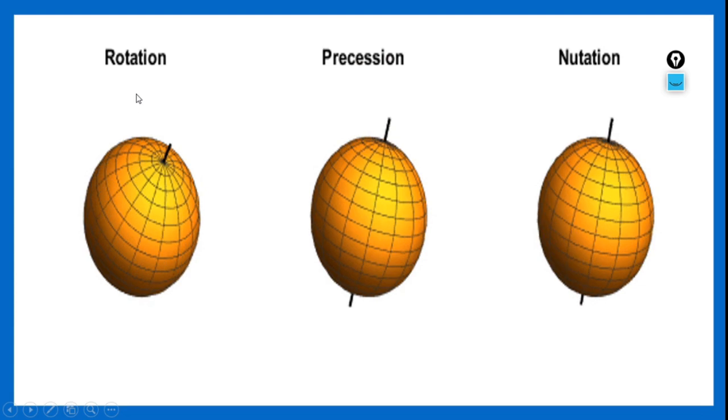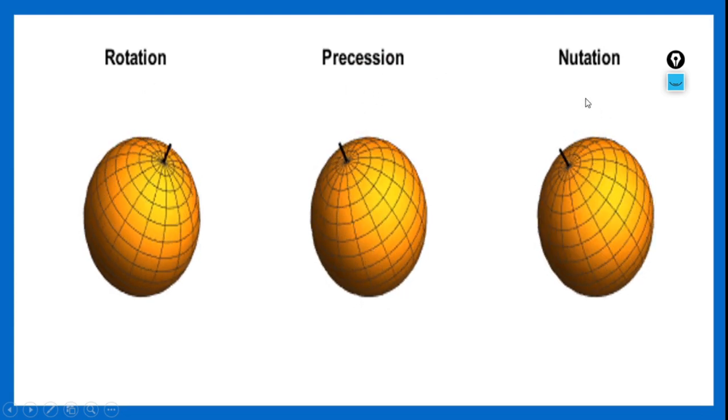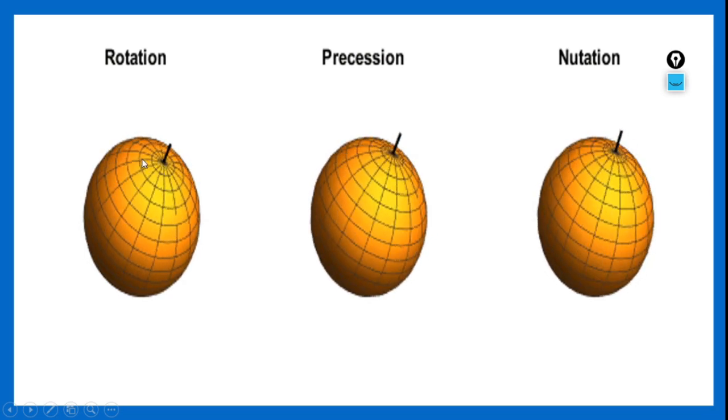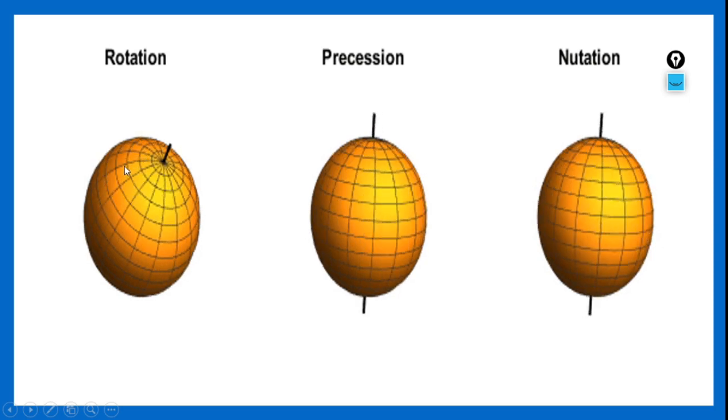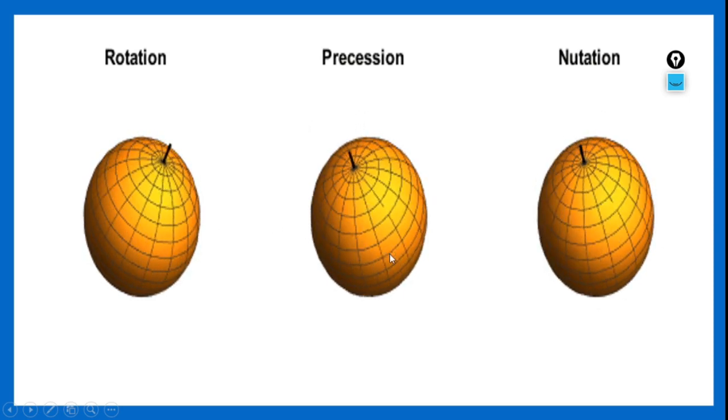So I will show visually what is rotation here and what is precession and what is nutation. See, rotation is spinning around its own axis, but while spinning around its own axis, the same body is also making a circular path with its axis of rotation.